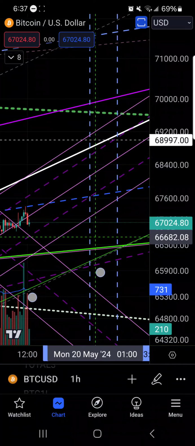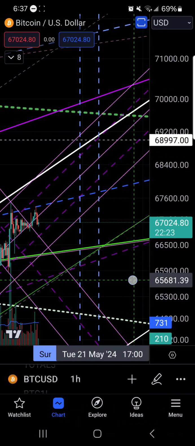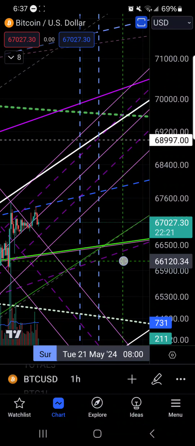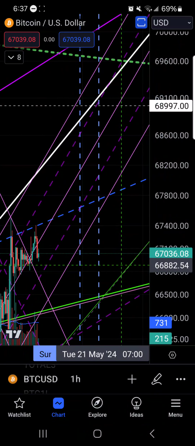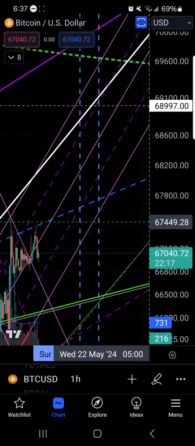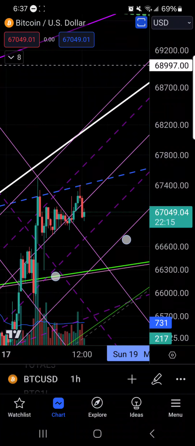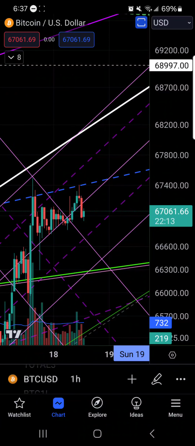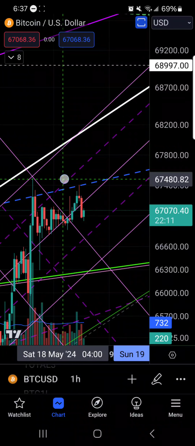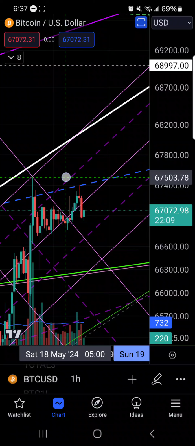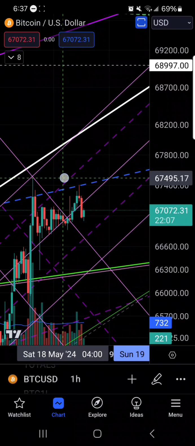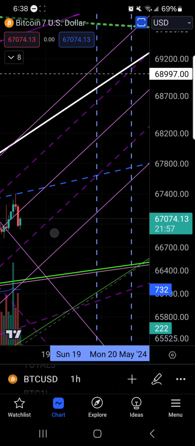So, yeah, I don't expect a lot, and what I expect is that we'll just end up where we were on Friday. So for CME Futures open, we'll probably be right around 67.5, let's just say.